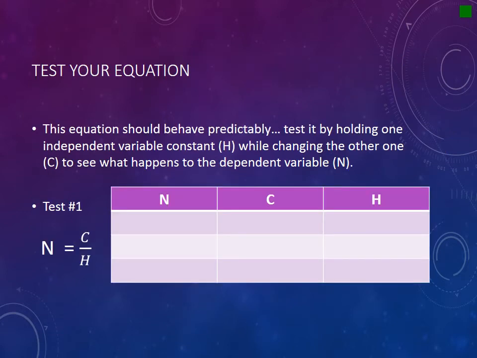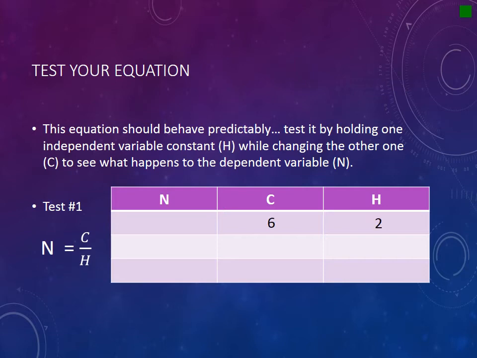So let's test our equation. If an equation is working properly, it should behave predictably. So what we're going to do is hold one variable constant. In this case, we're going to keep the amount of homework that the teacher assigns constant, and we're going to play with how much candy they give out to test the dependability of our equation. So let's look.